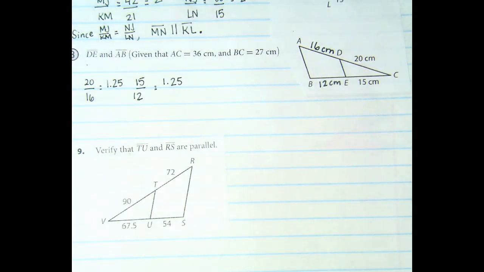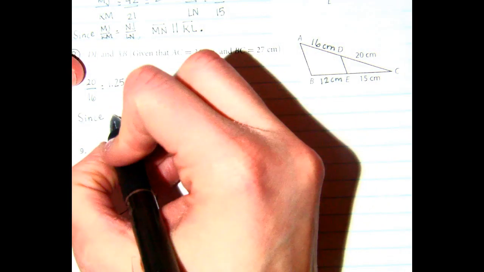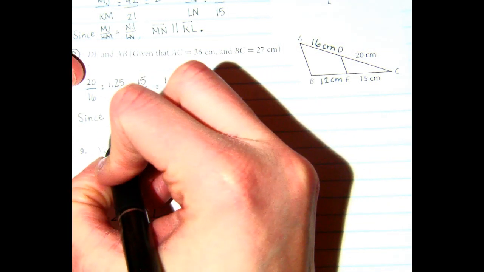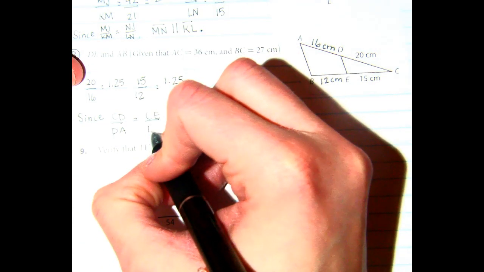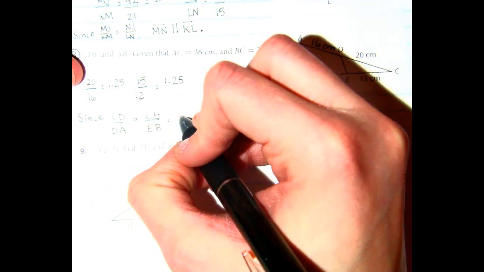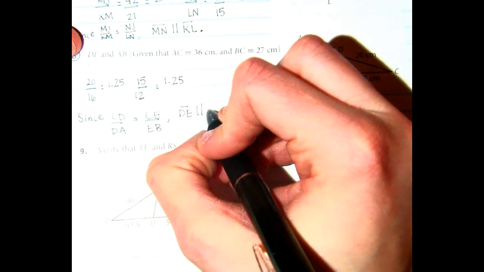If you did it the other way around, what did you get instead? Yeah, but they were the same, right? Okay, so are these parallel? Okay, so since I'm using the letters we use, CD over DA is in fact equal to CE over EB, we know that DE is parallel to AB.